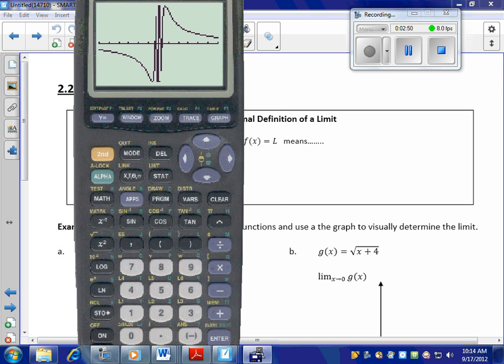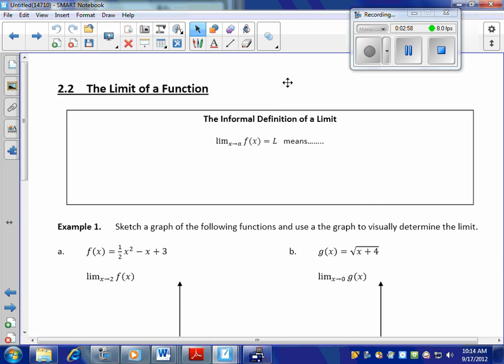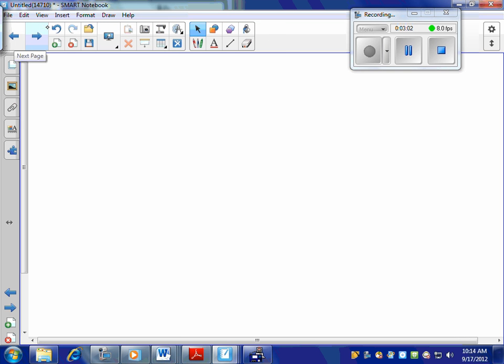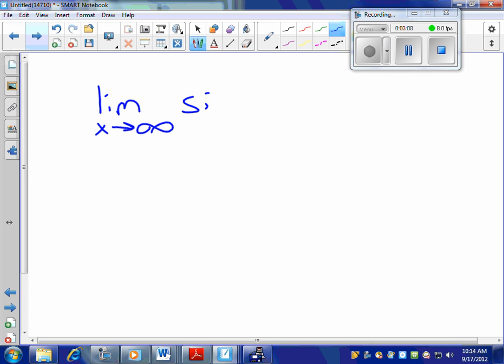Its x value is going towards infinity. What is its y value going towards? It would be going towards 0. Let's see if we can make some sense out of that, though. For example, if I said the limit as x goes to infinity of sine of 1 over x, what you would be doing is plugging in values that are really, really big.